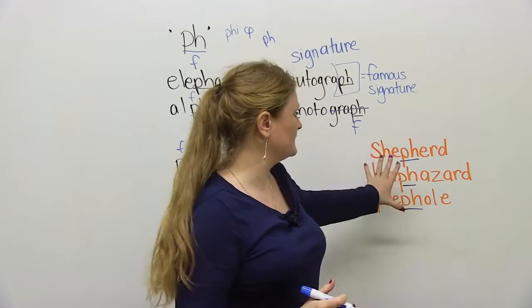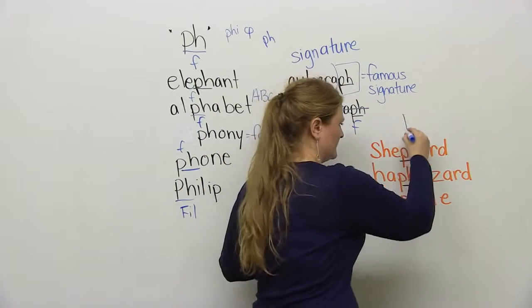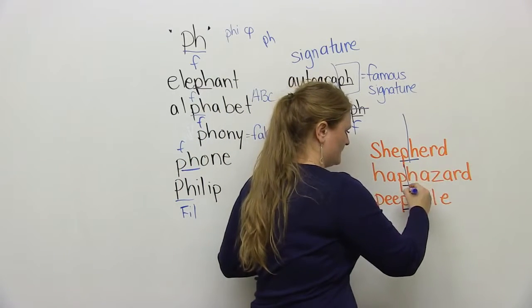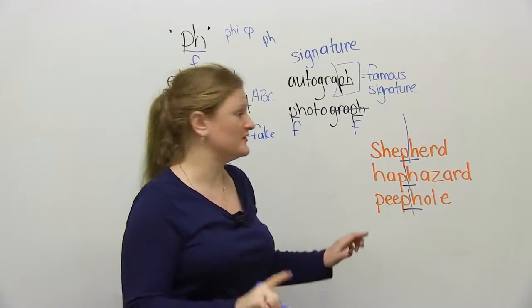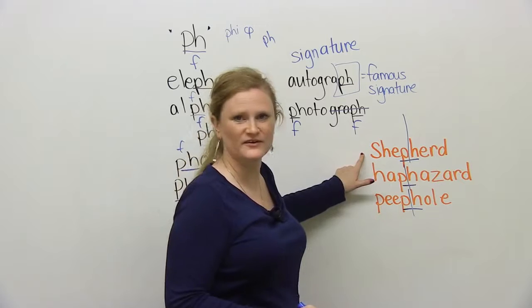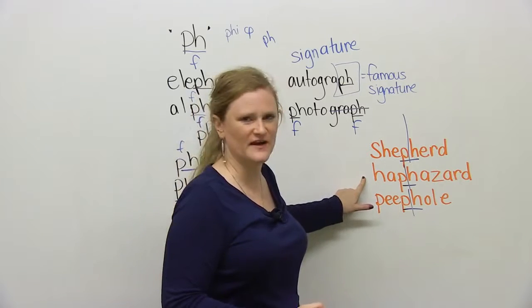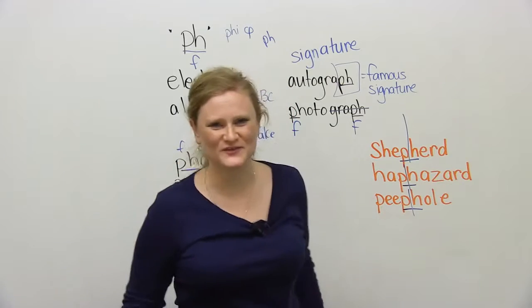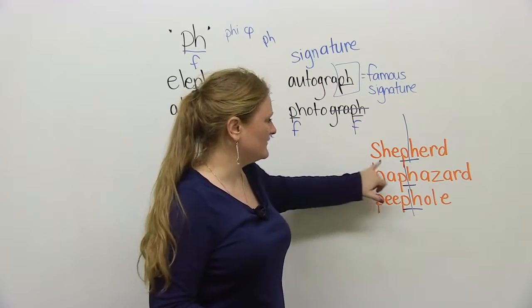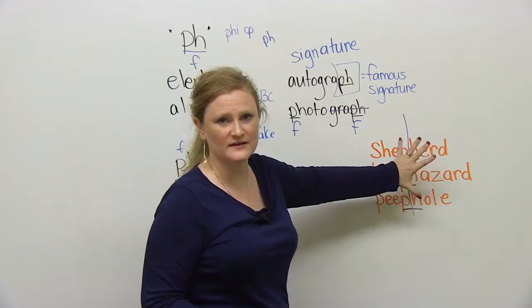But these words, we actually separate the P and the H sound. So we do not say shepherd or haphazard or peephole, which sounds funny, doesn't it? We actually have to separate the P and the H sound in these words.